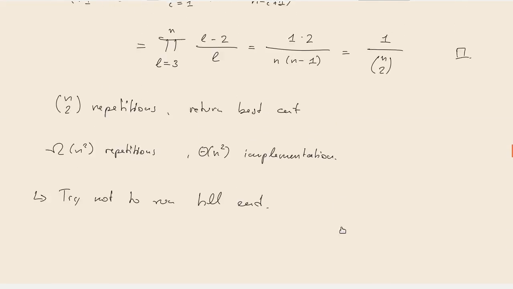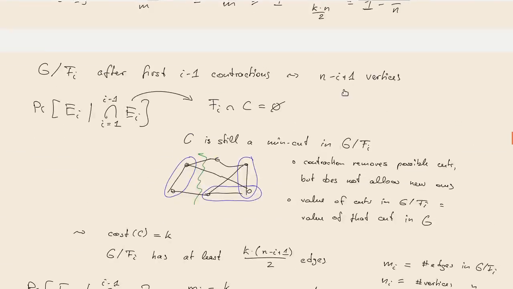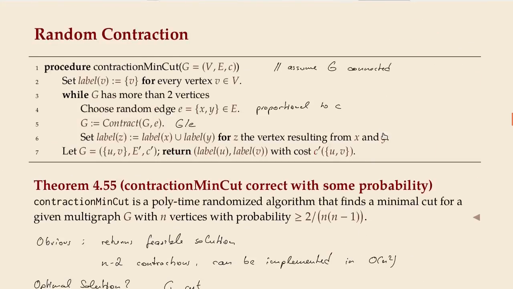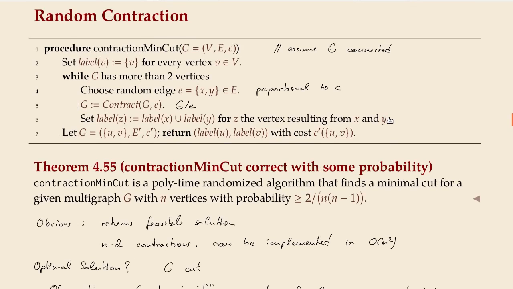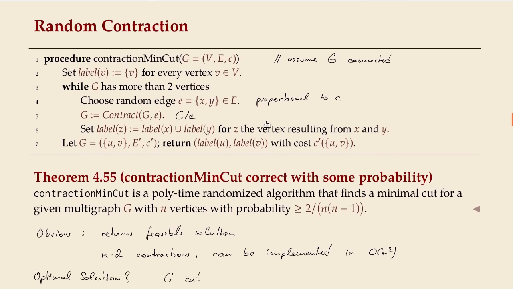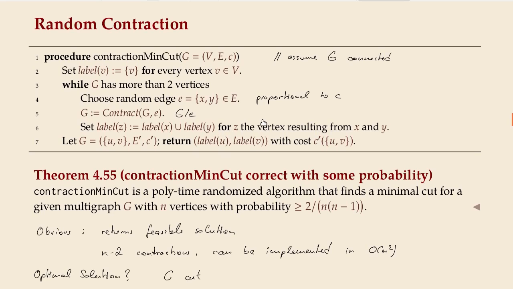In the last session, we discussed an algorithm for computing the minimum cut of a graph, which was a conceptually very simple algorithm that just repeatedly contracts a randomly chosen edge, which means that these two vertices that form the edge are collapsed, and then all the edges that formerly pointed to x and y now point to the same node, which introduces in general multiple or parallel edges, and we just kept these in the graph.